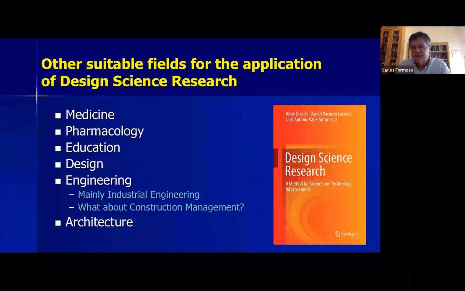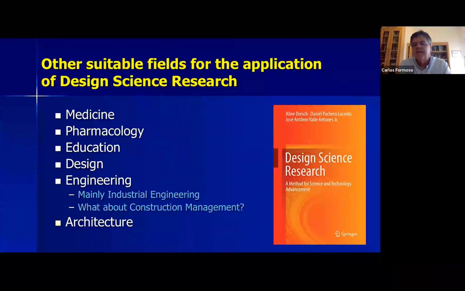science is construction management. And I remember some papers were published in a very prestigious journal called Construction Management and Economics. And some people who published in that journal argued that construction management is a kind of social science.